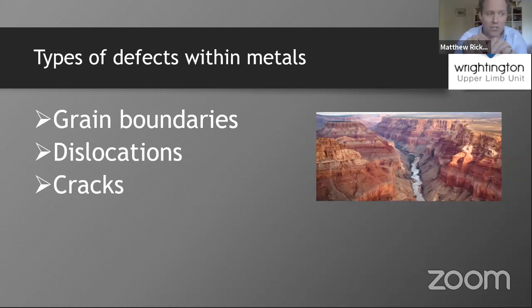The dislocations are defects within the individual crystals, where one lattice stops abruptly before another one begins. And under stress, these dislocations can propagate and therefore lead to failure of the material. And cracks, these are volumetric voids, is your proper answer, within the crystals, and you can get propagation of these cracks as well.